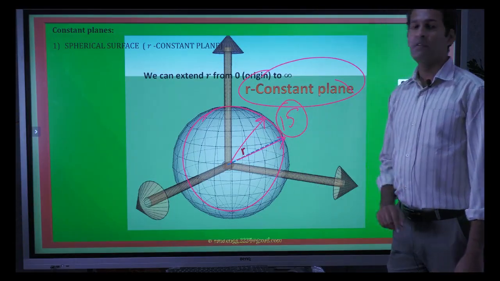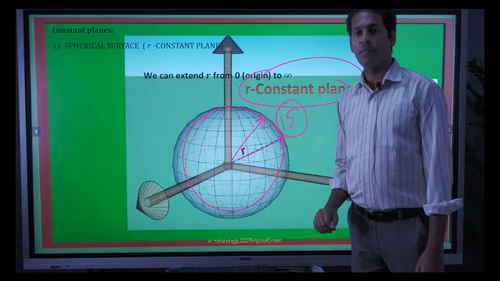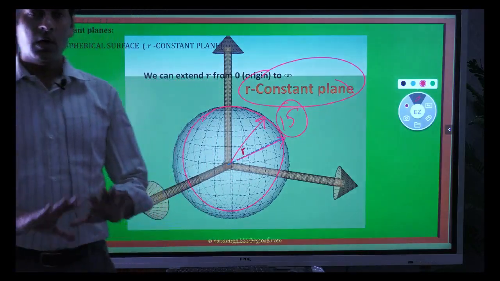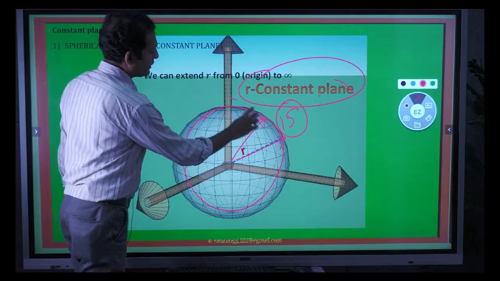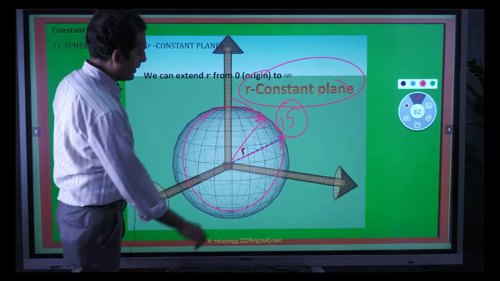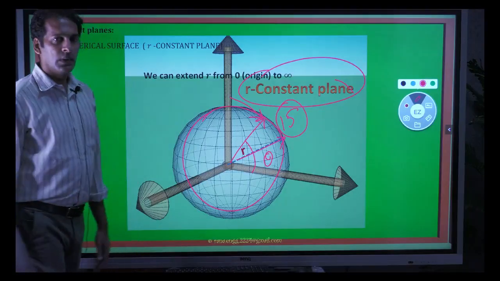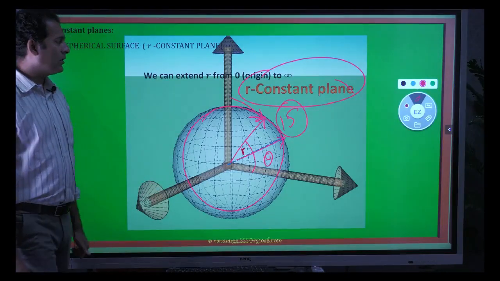Everywhere it will be 15. So this is the R constant plane. R constant plane means the values of R are constant at all the points. But which values will change? There will be a change in angle phi and a change in angle theta. So theta is changing and phi is changing, but R is constant.